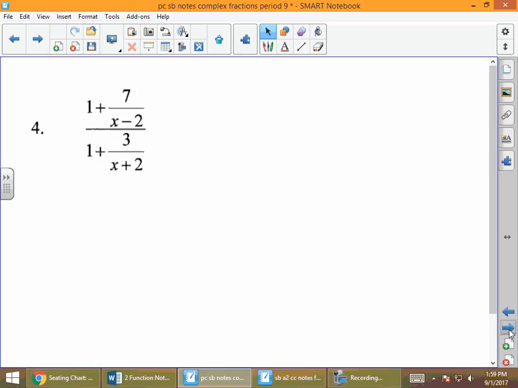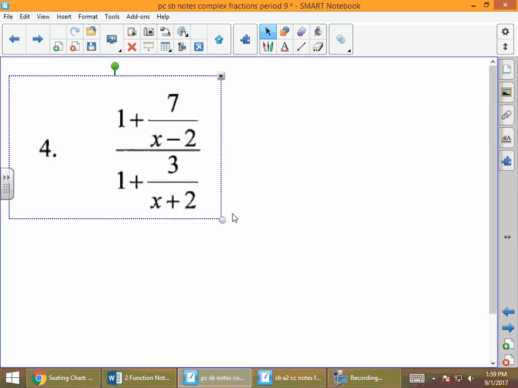So again, looking at two different methods for now. In this particular problem, what I'd like to do is find the least common denominator between all the minor fractions. First of all, I'm going to make this fraction a little bit bigger so I can write in it a little bit more.